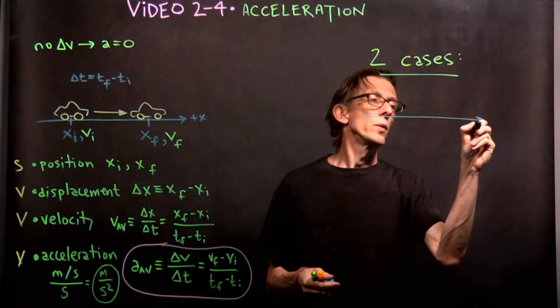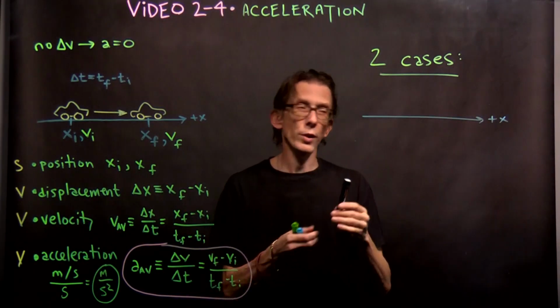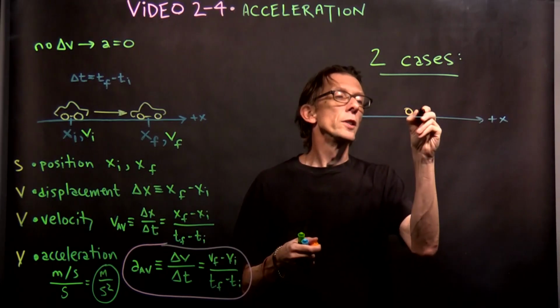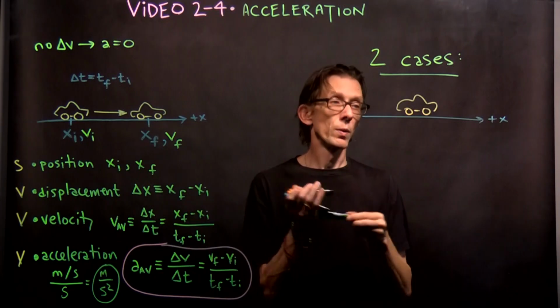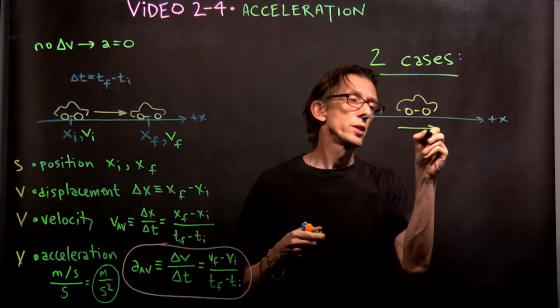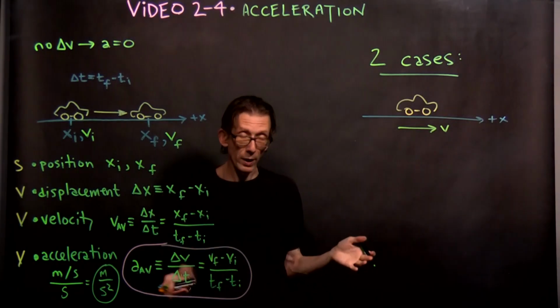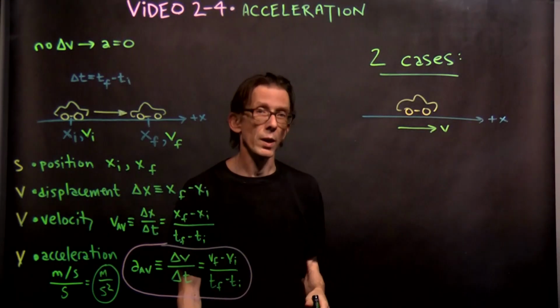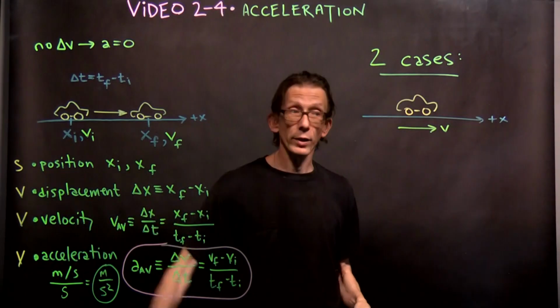Okay, so we've got our plus x-axis here. I'm going to redraw the car and just draw it in motion to the right. So its speed is to the right. It means velocity is to the right. Speed, remember, is a scalar. Speed has no direction. Its velocity is to the right. As I said, acceleration is a vector.